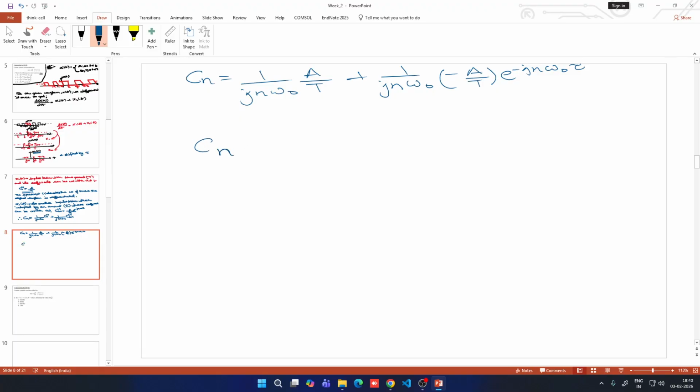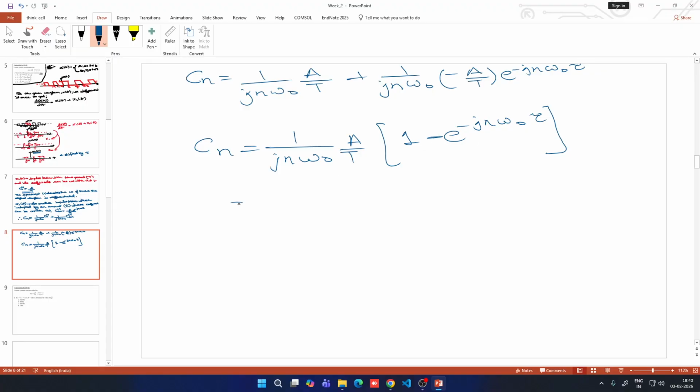So we can take A by t common, and j n omega naught also can be taken outside. j n omega naught, A by t, and I can write this as 1 minus e to the power minus j n omega naught tau. Now we want to write it in the form of sinc.